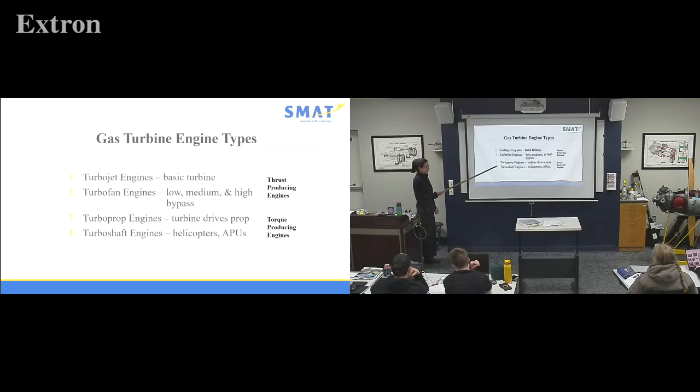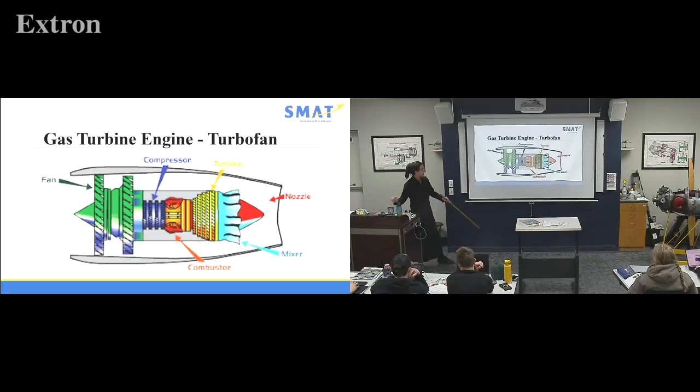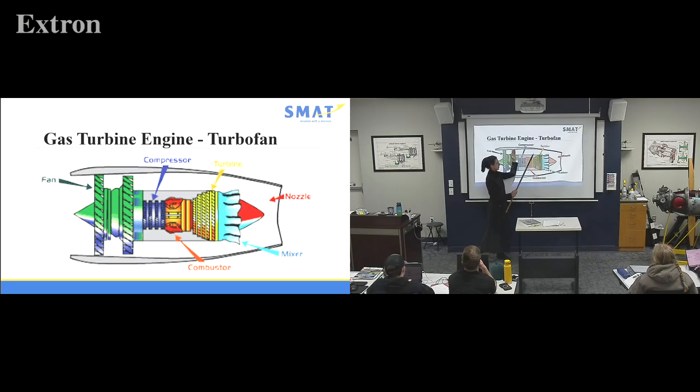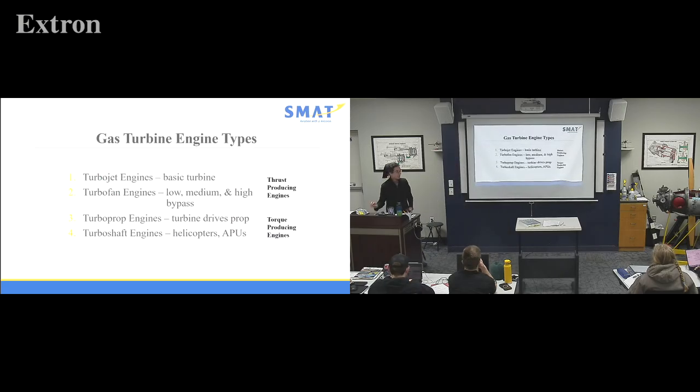So here we go. Here are those four groups again. Turbojet, that's just your basic turbine. If we go back here, that's not the fan, that's just compressor, combustor, turbine. So turbojet is just a core basic turbine engine.